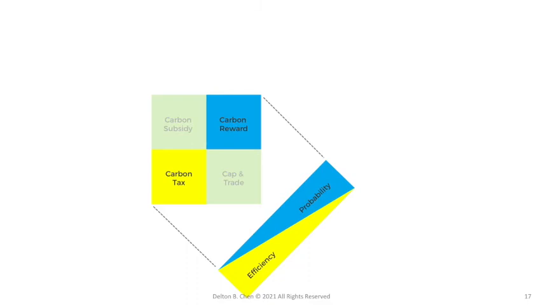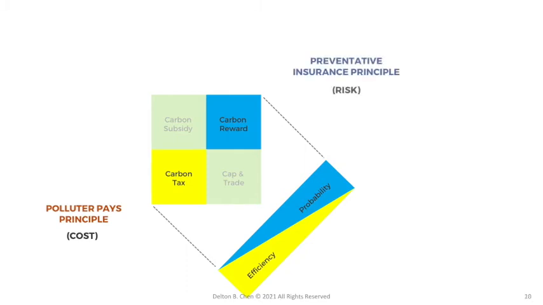Considering this is the case, we might ask the question, why would we use a carbon tax to manage the efficiency of markets? The social justification is embodied in the principle called the Polluter pays principle, which is well known. The justification for the carbon reward is based on a new principle, which we propose, called the Preventative insurance principle.